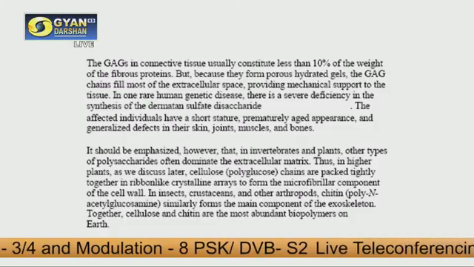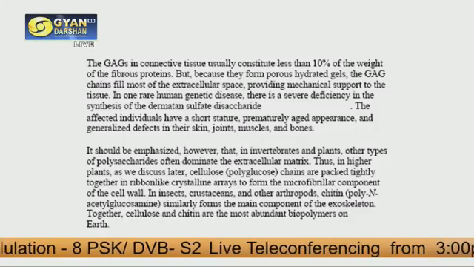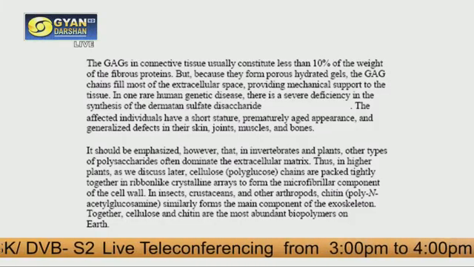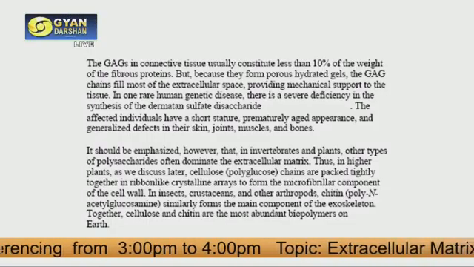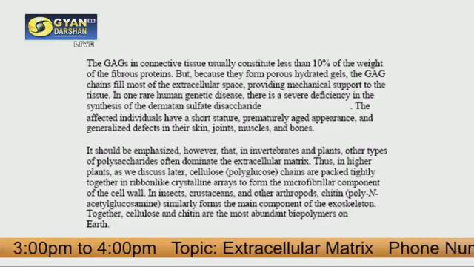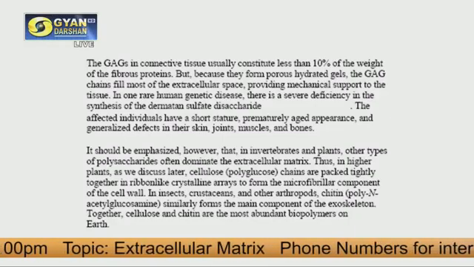In plants you have the cell wall, and this cell wall actually constitutes the extracellular matrix, because the cell's components start from the plasma membrane. Outside the plasma membrane you have the cell wall, which is mostly composed of cellulose, hemicellulose, pectin, and also some structural proteins. So you have the ECM in plants also.